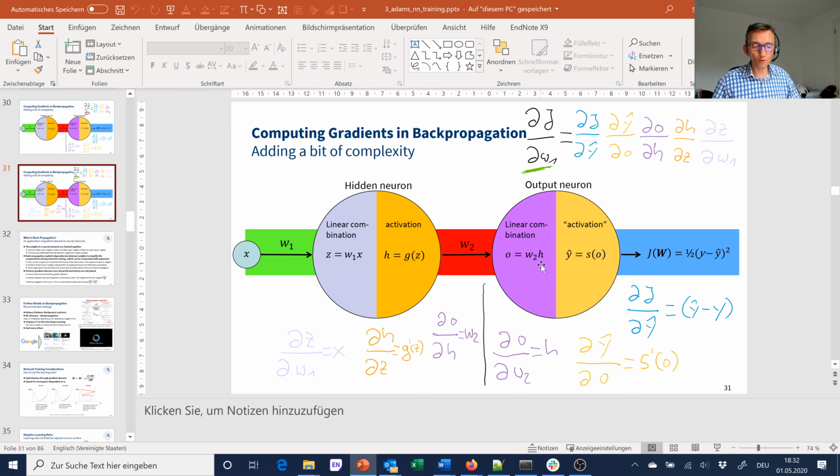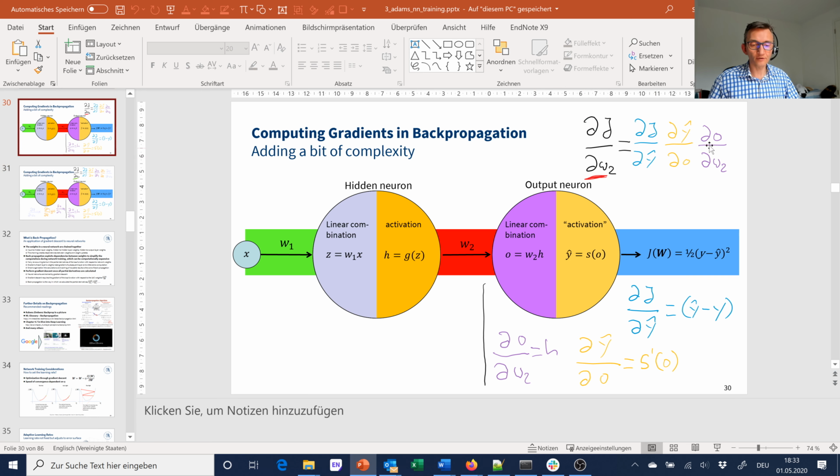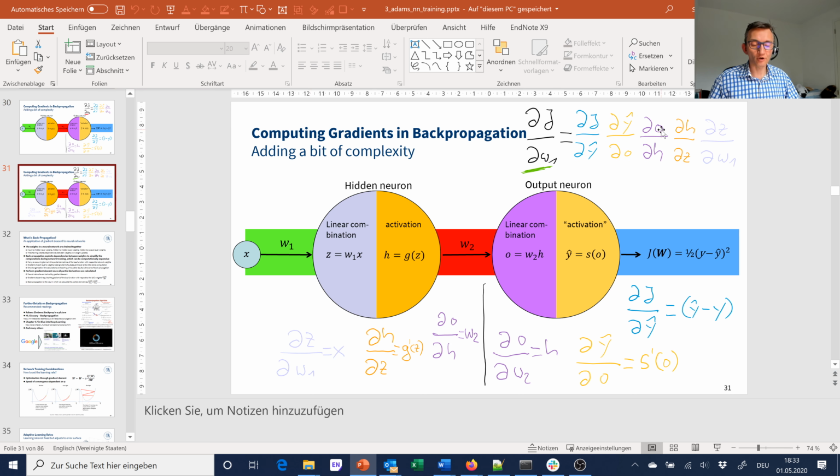At this point, when we want to go back all the way to W1, we don't look for the derivative of the raw output score with regard to W2, but instead we look at the derivative of the output score with regard to H, because H is what depends eventually on W1. W1 drives H, but it does not drive W2. So that is the new term here compared to before. Before, look at the purple term, we had raw output score, its derivative with regard to W2. Now we have the derivative of the raw output score with regard to H.